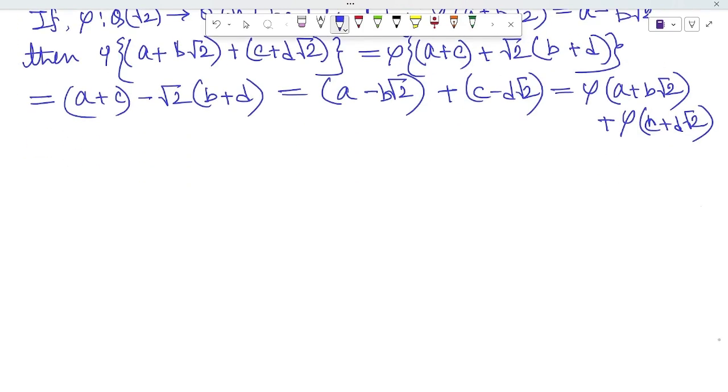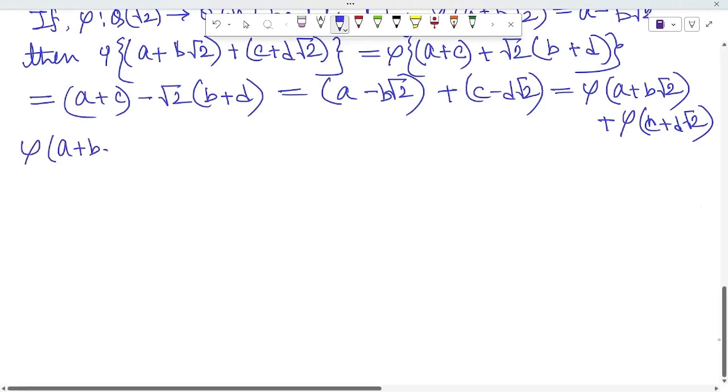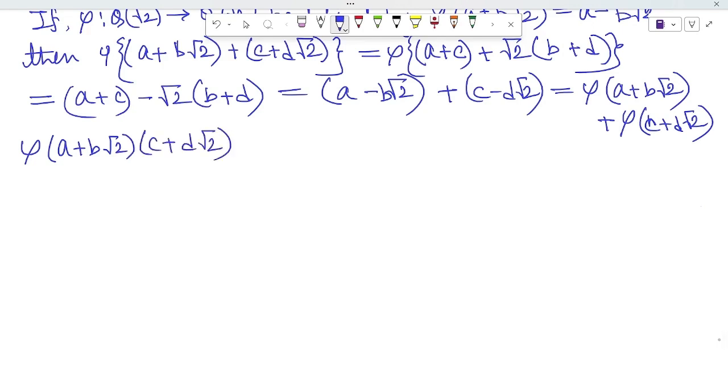Now multiplication. Now psi of a plus b root 2 into c plus d root 2, the notation is phi, not psi.